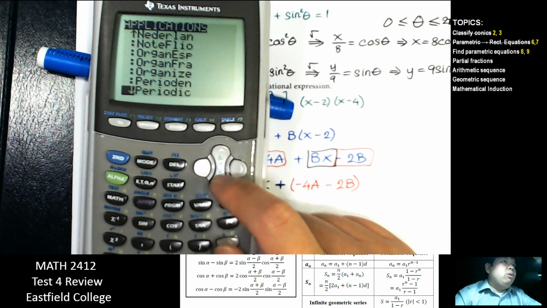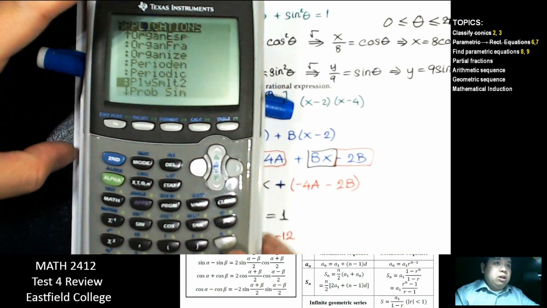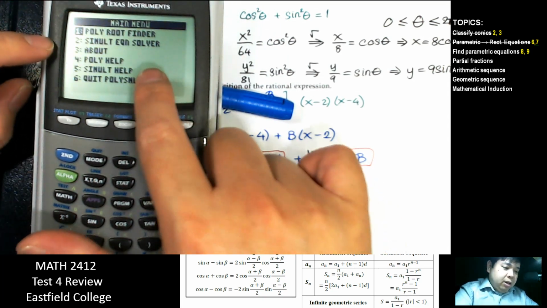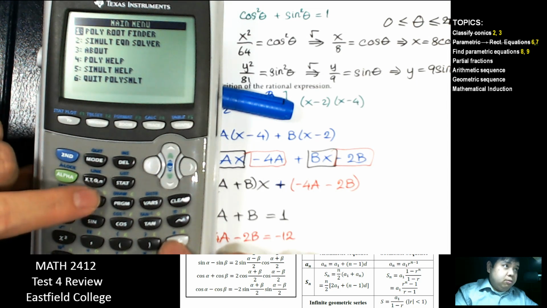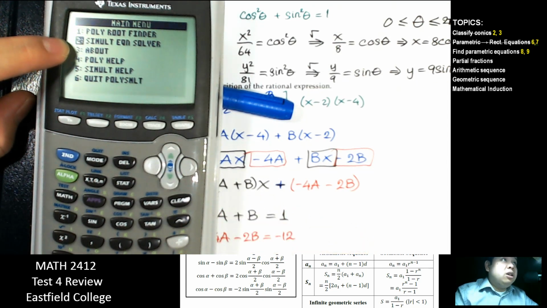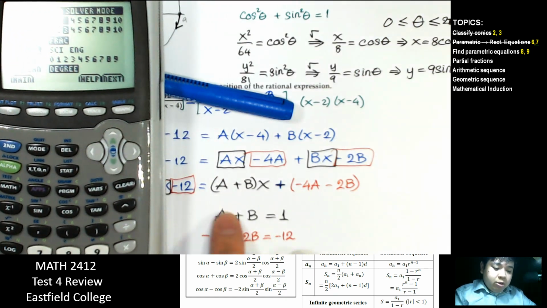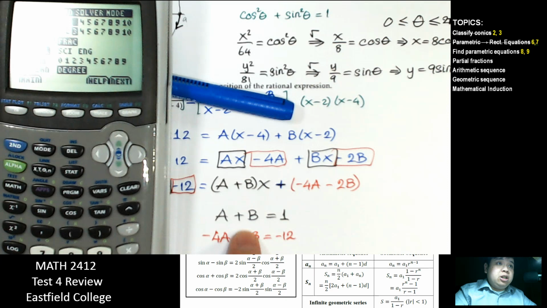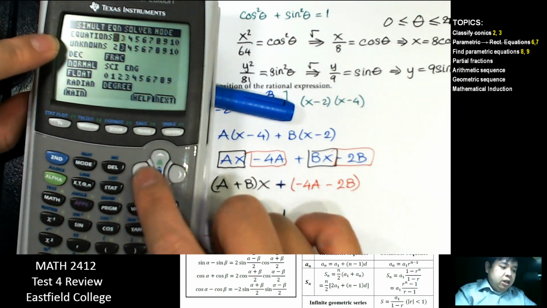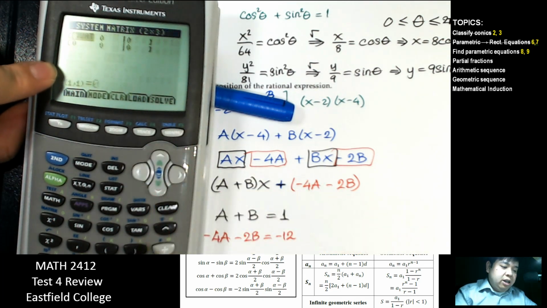We can also solve using matrix, but let's do this. Polynomial, I will go back to that later. So simultaneous equation. We have two equations, two unknowns. Just give a fraction and go next.